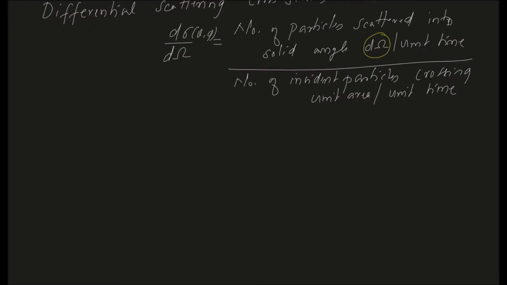So typically we have a target material, then a beam of incident particles, and some of the beam may continue to travel along the z direction without having any interaction, but some may get scattered by this scattering object. So what we do is we take a small solid angle, given by d omega.